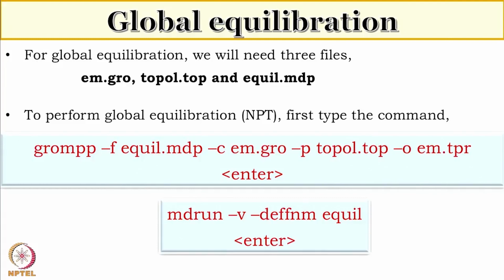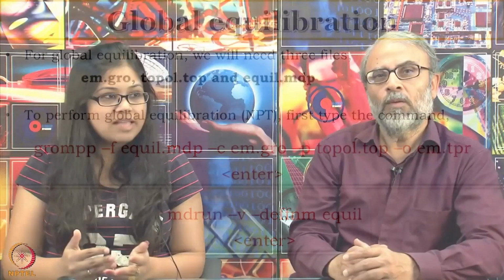We need to keep the pressure, temperature, and number of molecules constant. The number of molecules is taken care of by the periodic boundary condition. To keep the pressure constant we will use a barostat, and to keep the temperature constant, we will use a thermostat in the MDP file.